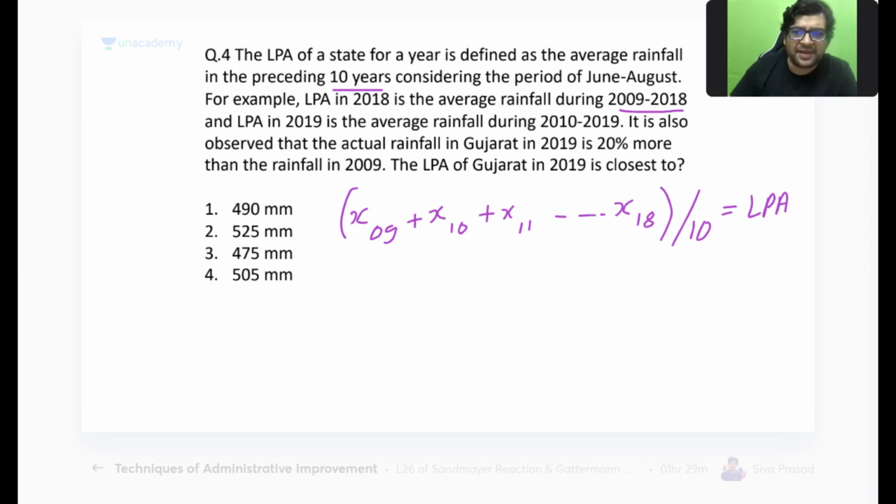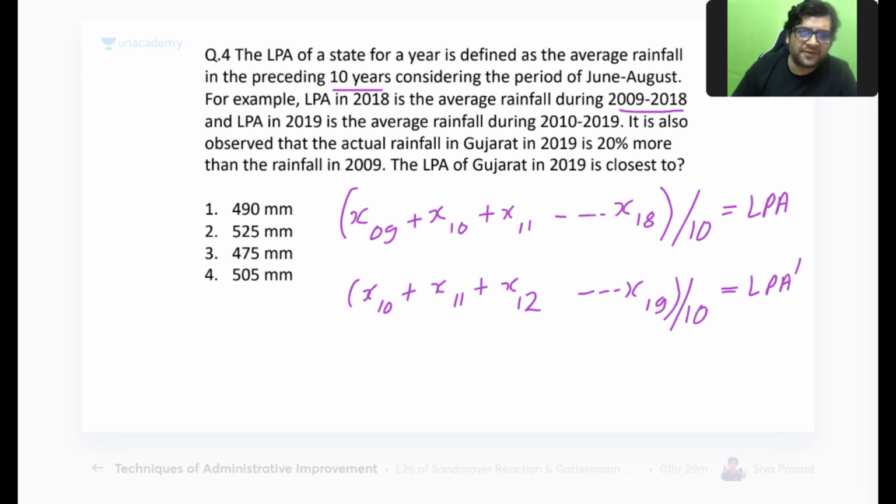Very similarly, the LPA in 2019, let me call that as LPA dash, that will be from 10 to 19.